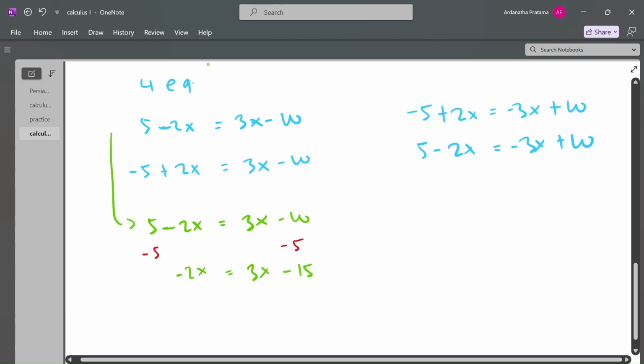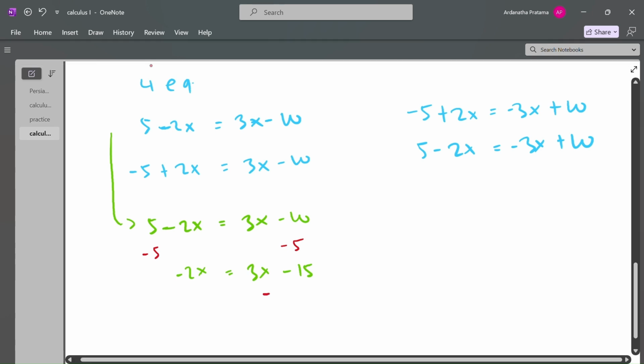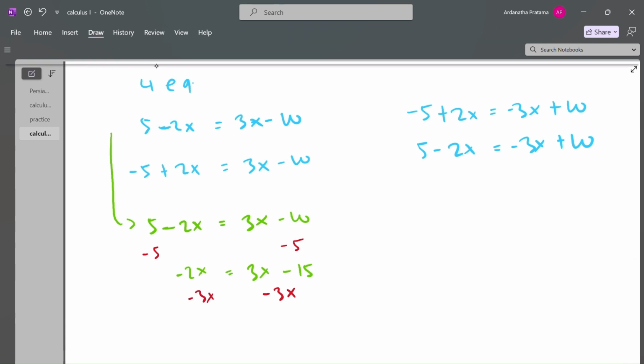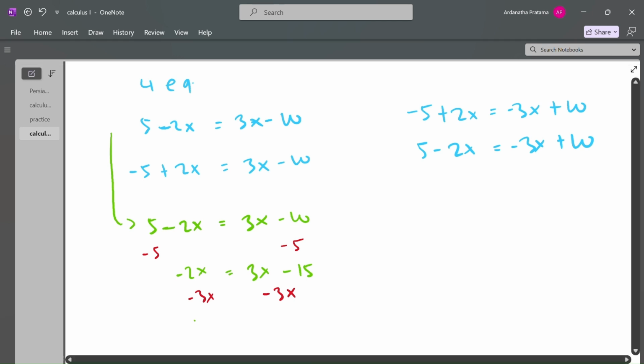And now we will subtract 3x on both sides. So we will get minus 5x equals minus 15. And now we divide by minus 5 on both sides. We get x equals 3.